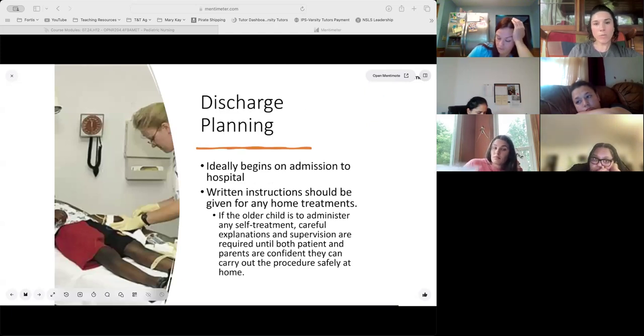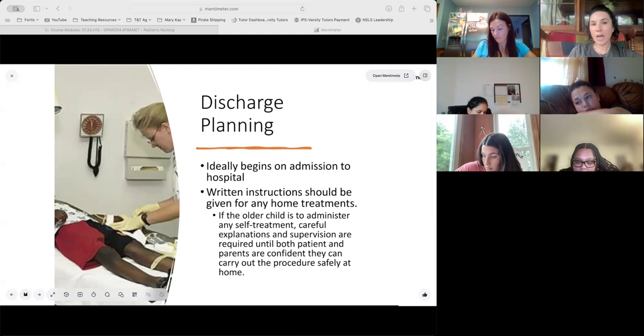As we talked about when we looked at Eliza Simmons last week, we want to make sure that we're doing our discharge planning as soon as they're admitted to the hospital so that we can provide that information in little chunks along the way so we can improve their retention of that information.